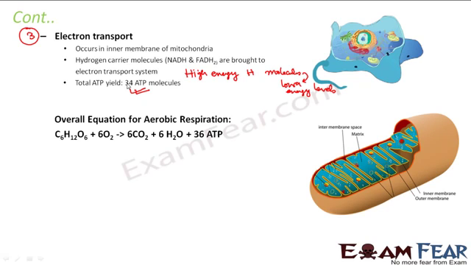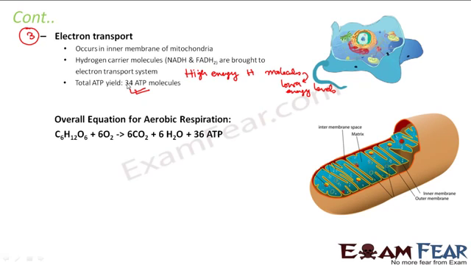It loses 1 carbon dioxide, and in presence of coenzyme A, it forms acetyl coenzyme A. This acetyl coenzyme A then enters into the matrix of mitochondria, and in presence of oxygen it forms carbon dioxide and 2 molecules of ATP and a lot of hydrogen carrier molecules. These hydrogen carrier molecules are those which have high energy hydrogen atoms.